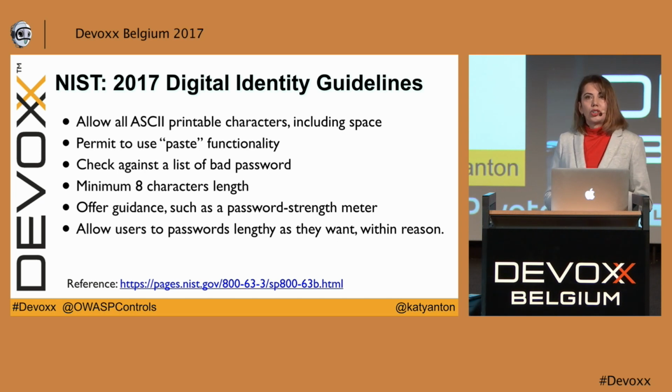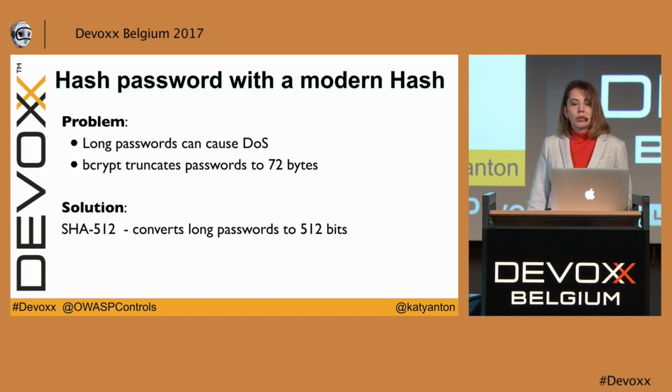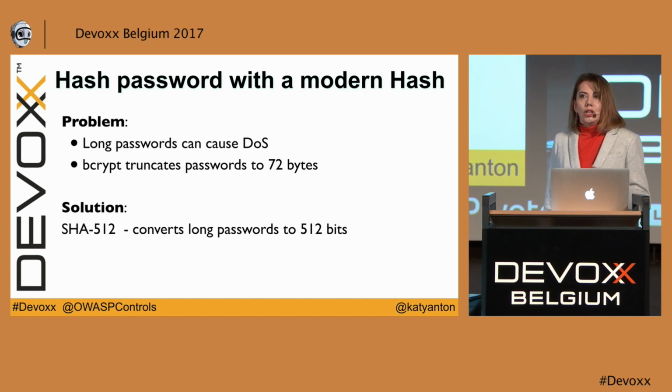If the passwords are too long, then there is a risk of denial of service. Also, we have to bear in mind that bcrypt will truncate everything that is over 72 bytes. To deal with these two problems, one way is to implement a strong hash, like SHA-512, which is a modern hash and has a lower collision rate.